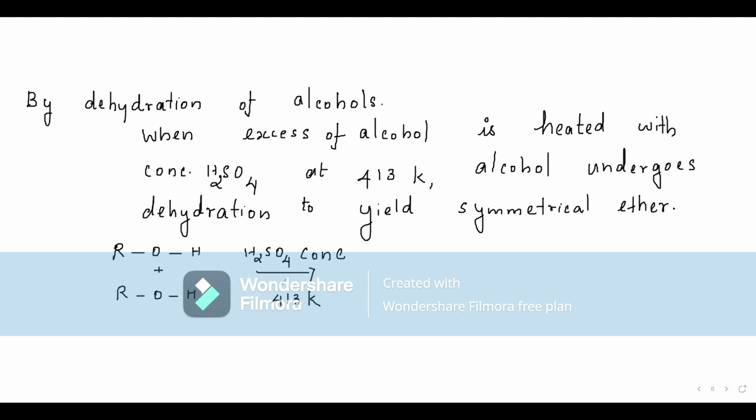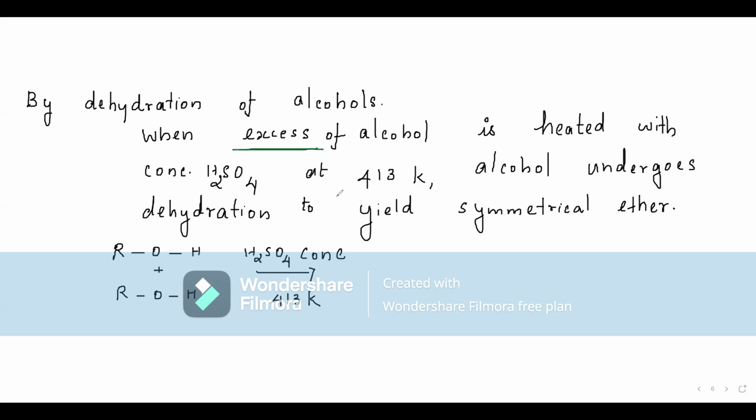Now, the next method of preparation is by dehydrohalogenation of alcohols. When excess alcohol is heated, so the first key point that you're noticing is the alcohol has to be in excess.